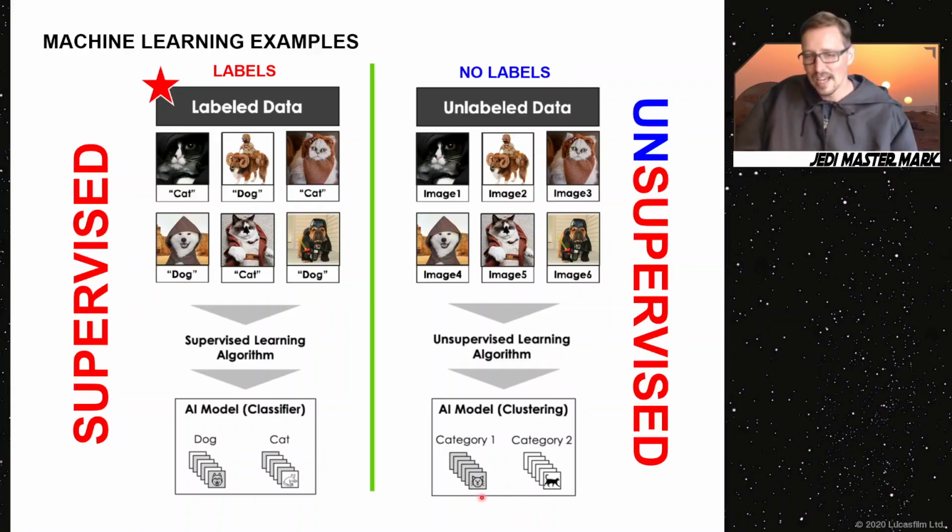So you can see it kind of separated dogs and cats into different categories. It doesn't know that they're dogs or cats, just simply that there's similar features within, in this case, these images, that it says, okay, these all look similar and these also look similar. And when given a new image, it can also kind of separate that into the different categories.